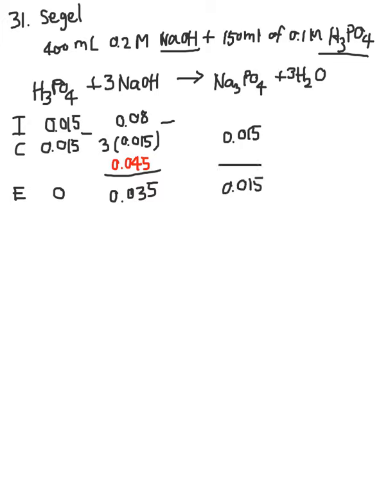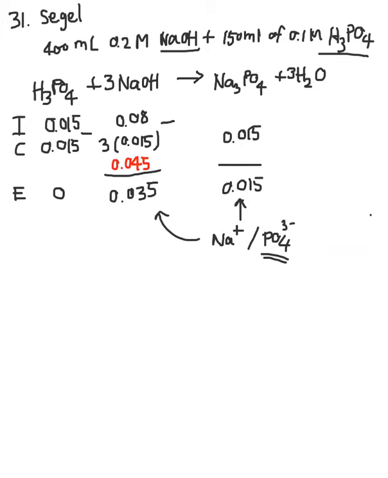So let's talk about sodium phosphate here. Because it is a salt, when it's in water, it will dissociate into sodium ion and phosphate ion. Comparing phosphate here and NaOH, the NaOH is far stronger as a base than the phosphate.